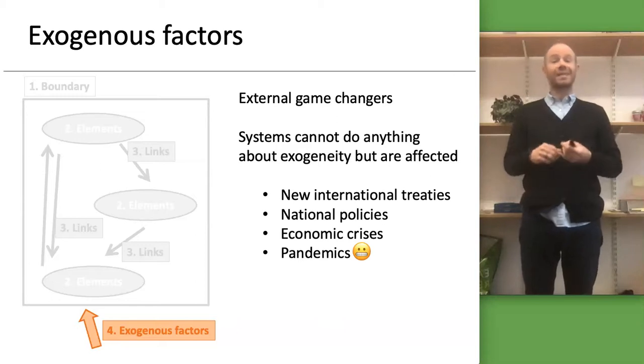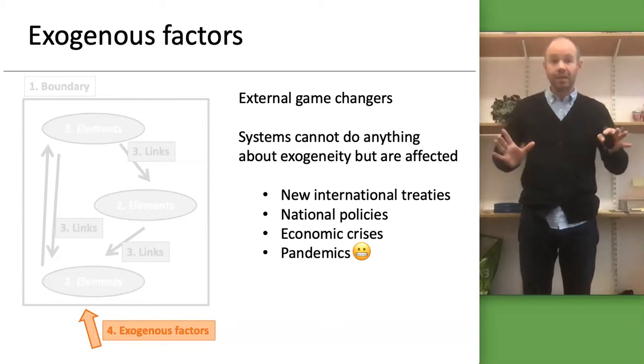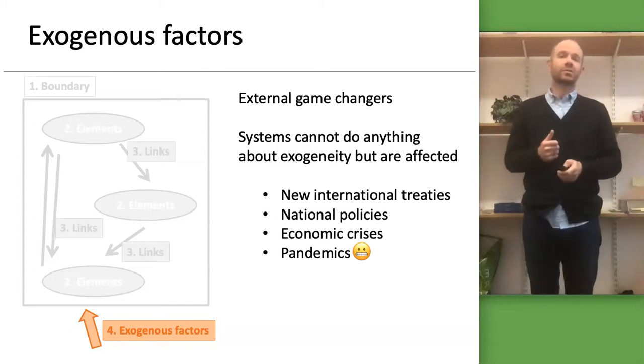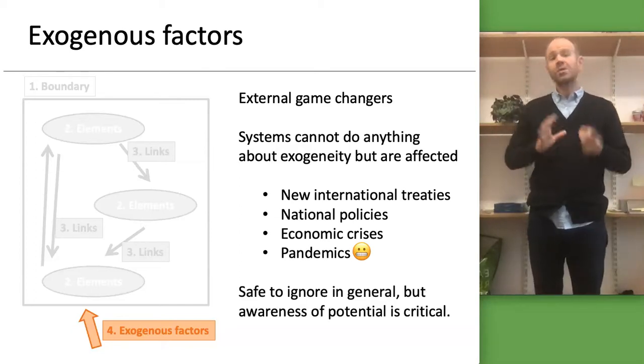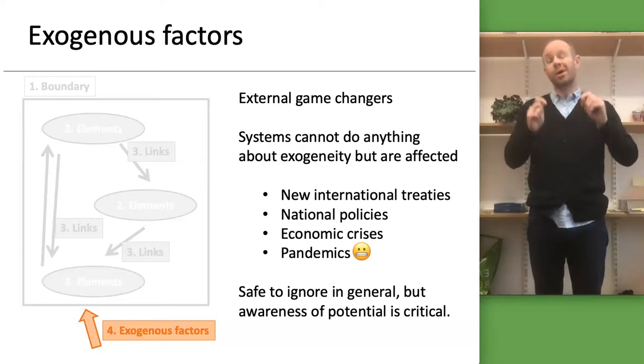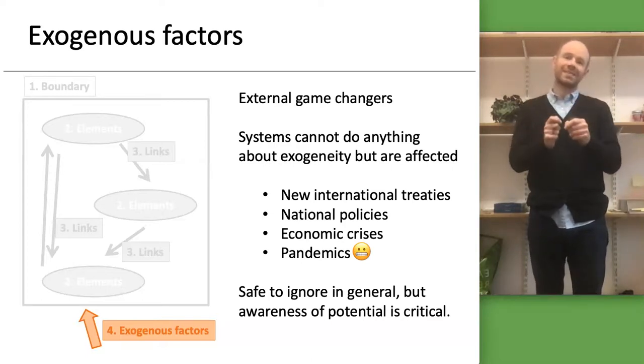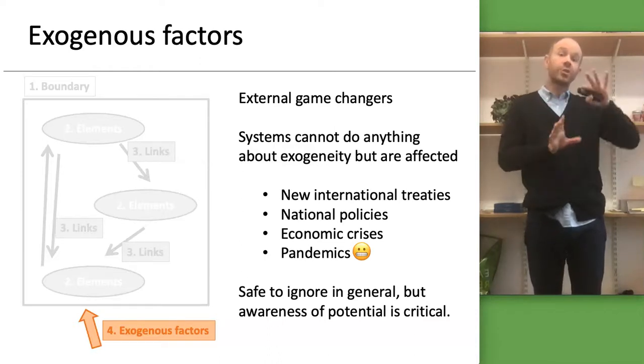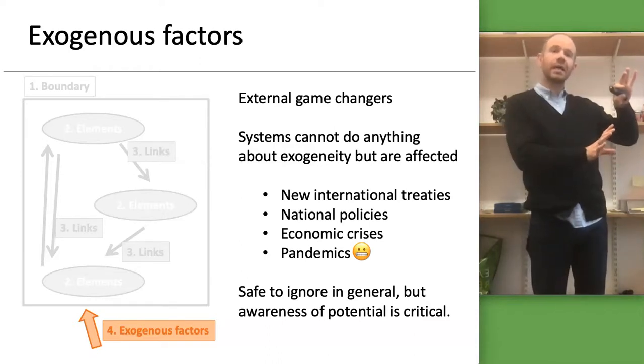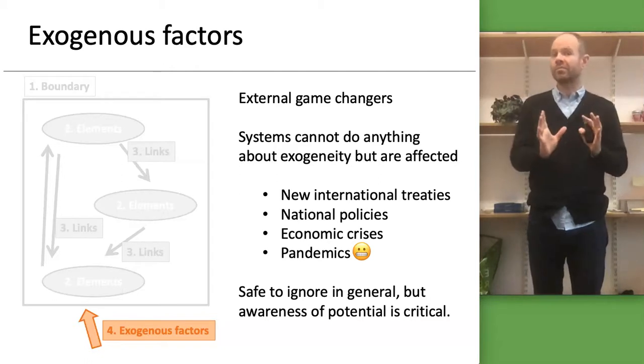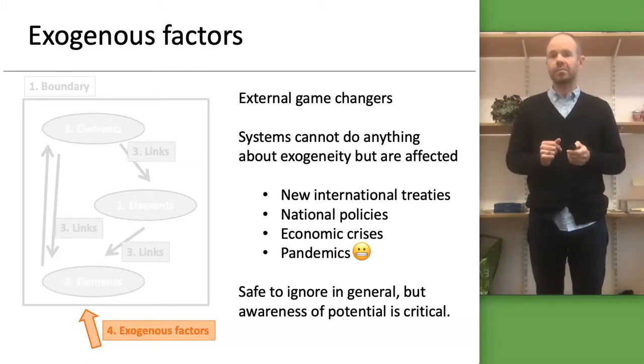What is the role of economic crises, pandemics, what's happening that we can't predict, right? These are external game changers that we can't do anything about. So we can ignore them in general, but awareness of those potential exogenous factors is very, very important. We should know that there are things out there and then just not worry about them for our particular model. But understanding what they could be is pretty important.